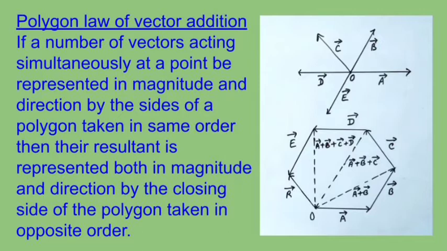See in the given hexagon, the 5 sides represent vectors A, B, C, D and E, which are acting simultaneously at a point O, and their sum, vector r, is represented by the 6th side, which is the closing side of the hexagon. Polygon law is an extension of the triangle law of vector addition.